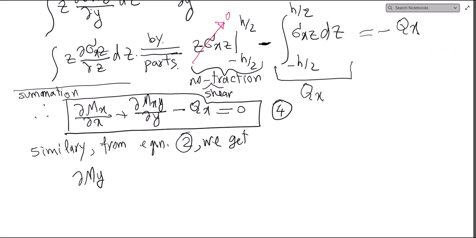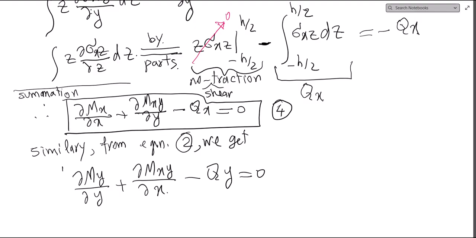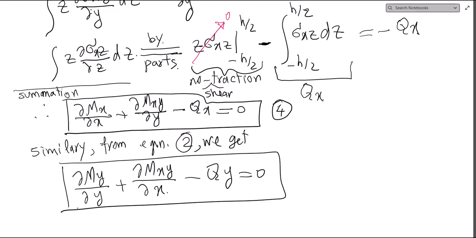Maybe I write it in the order that we have there. Okay, dmy/dy, that's good, plus dmxy/dx minus qy equal to 0. Let's call this equation 5.